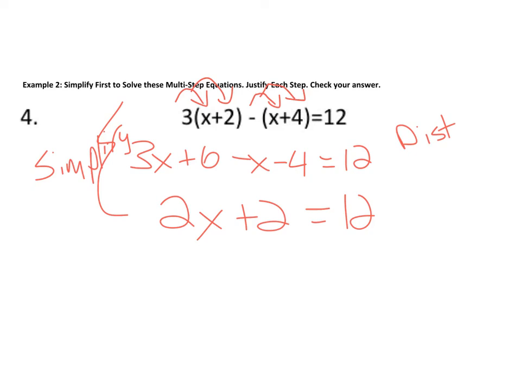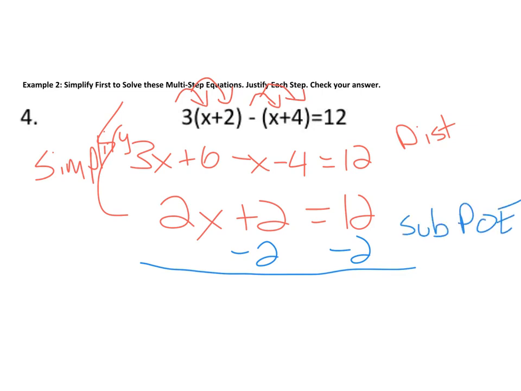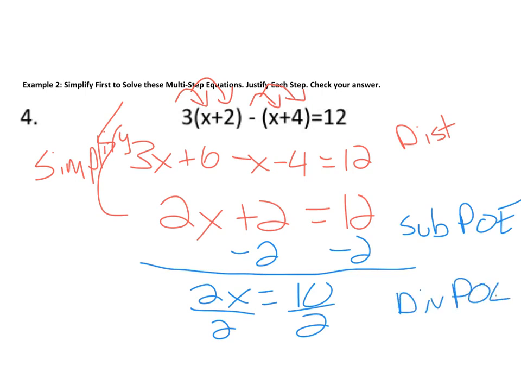But now that we are switching to solve, this is where we can use those inverse operations and use the subtraction property of equality to solve. So if we have 2x equals 10, and again, if we have a multiply, we are dividing, so we're using that division property of equality, and x equals 5.